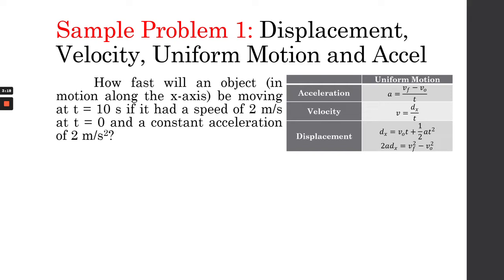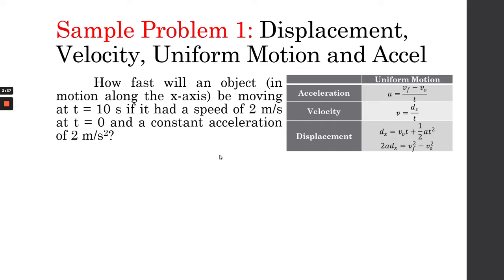We'll be focusing first on displacement, velocity, as well as uniform motion and acceleration. I've included the kinematics equations here on the right side, and let's see how we can apply them to sample problems.